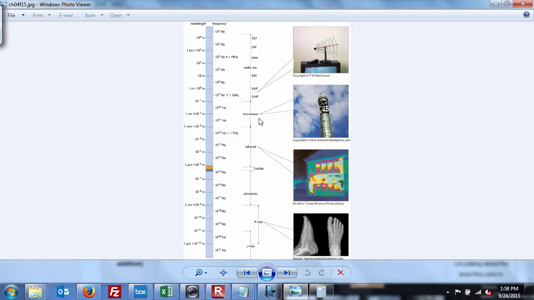So here's microwave as an example for how our cell phones work. Here's TV up in the UHF, or ultra high frequencies, very high frequencies, shortwave, et cetera. X-rays are down here. And we can tie these frequencies and wavelengths directly to energy.